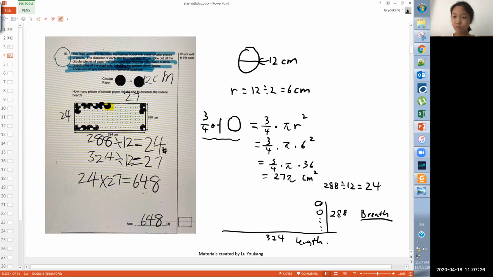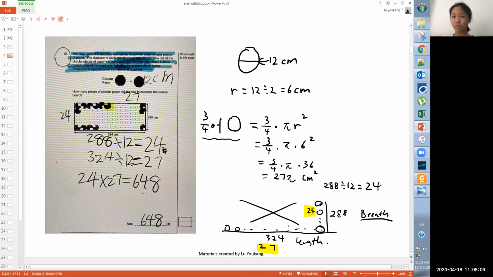And then for the length, 324, you have 27. Right? So you have 27 of them here, and then you have 24 of them here. So what you do then is calculate how many in total inside this whole thing. So in total, how many do we have?